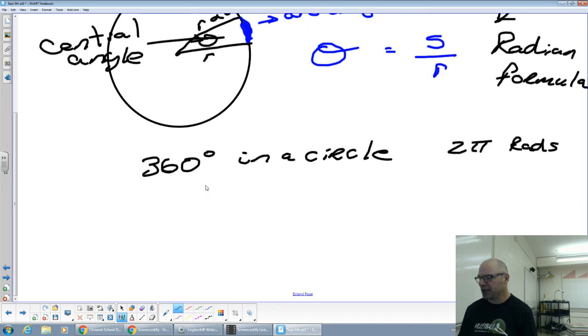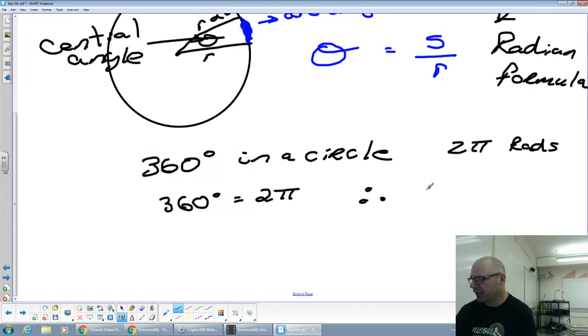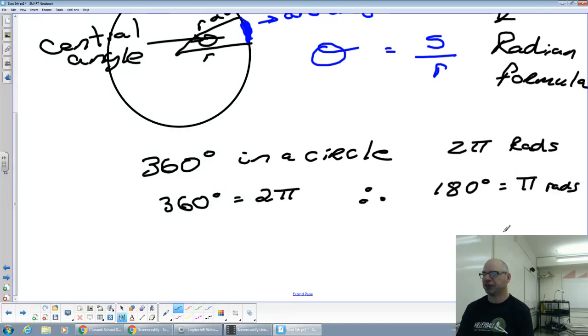So the relationship between degrees and rads is that 360 degrees is equal to 2 pi radians. If we reduce the 2 out of there, we can say therefore, that's what these 3 dots mean, 180 degrees is equal to pi radians. And that's the relationship we have.